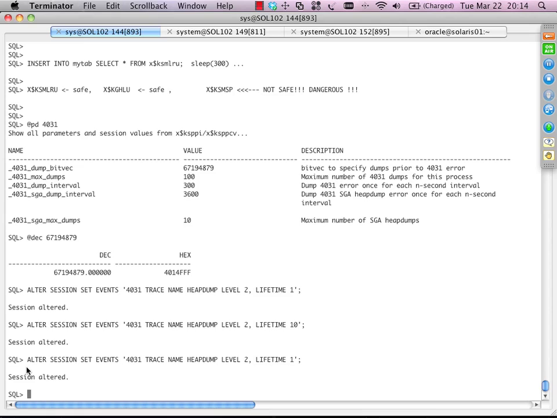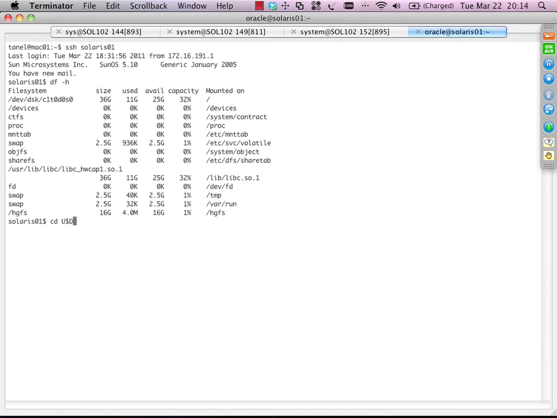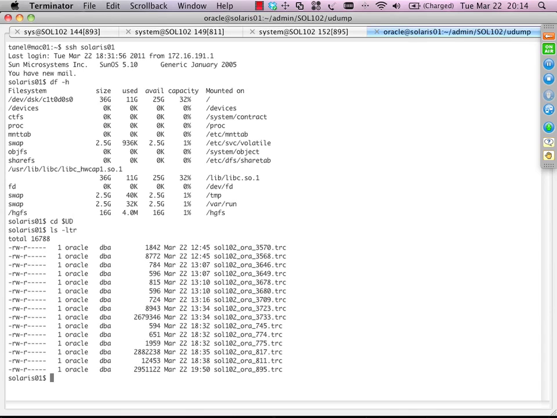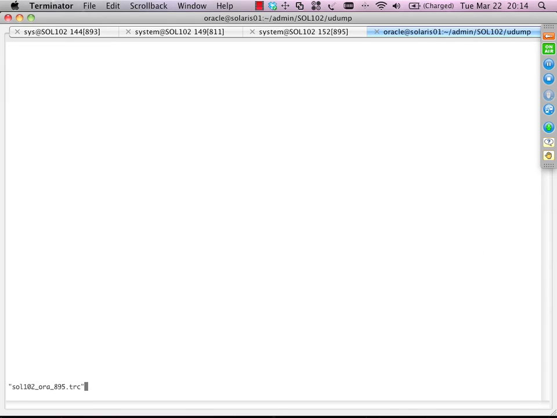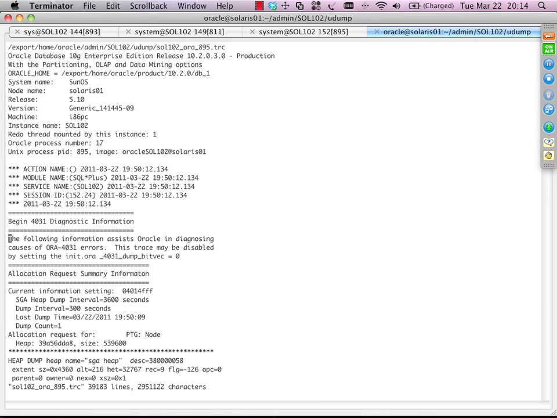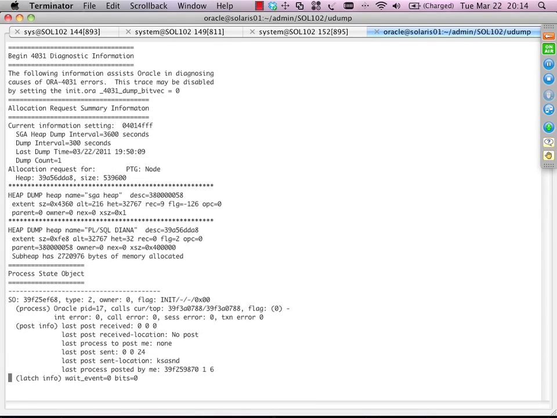Okay, but anyway, thanks to this parameter, Oracle did dump some information into the trace file. You see, this is the trace file.